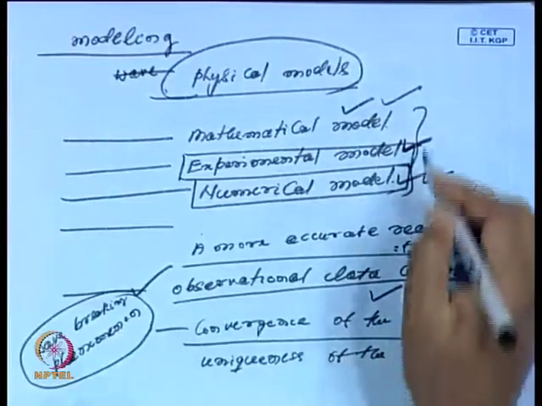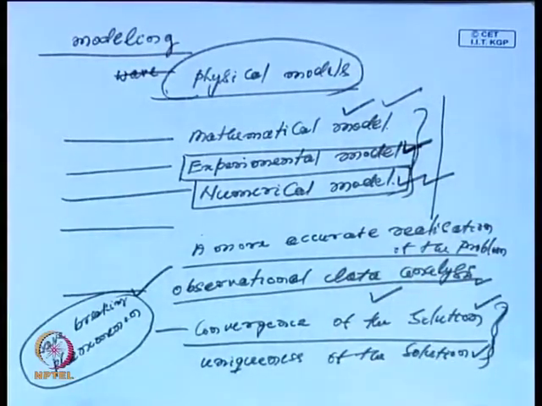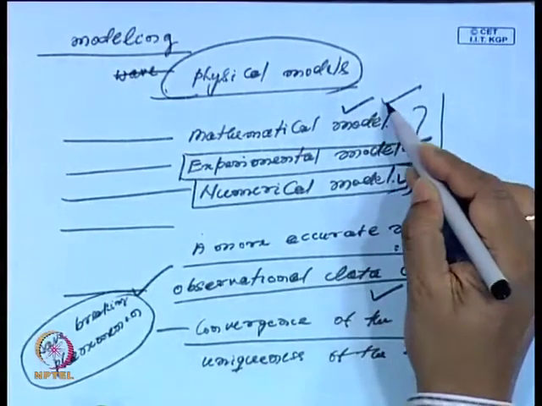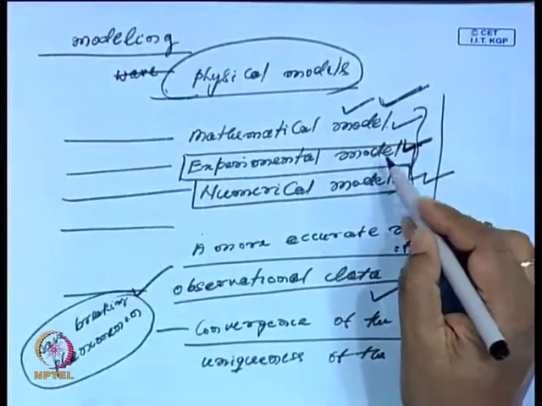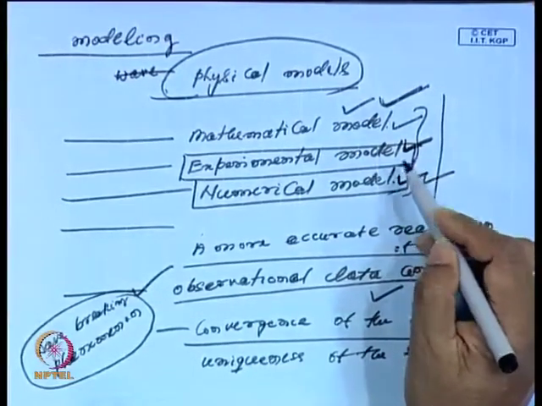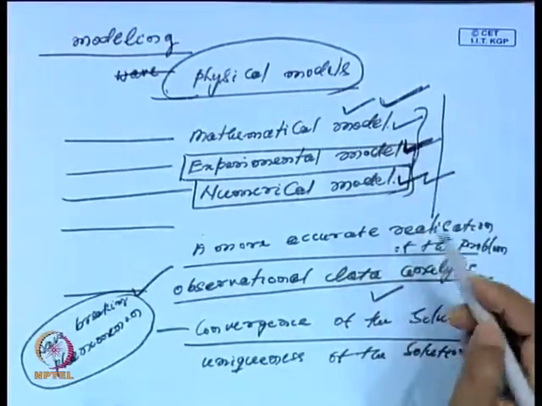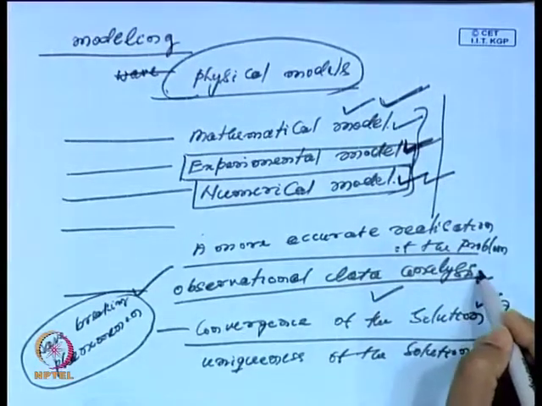Anyway, all these things come as a part of a physical model, but one has to try in a physical model to do three things: a mathematical modeling, the numerical simulation of the model, and then experimental verification along with observational data analysis.